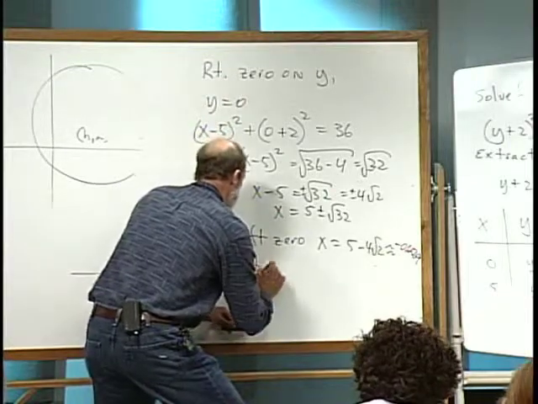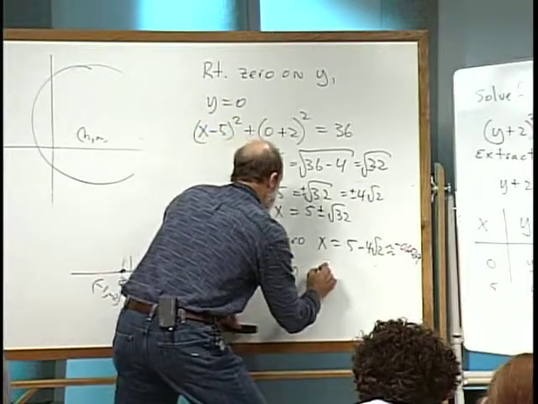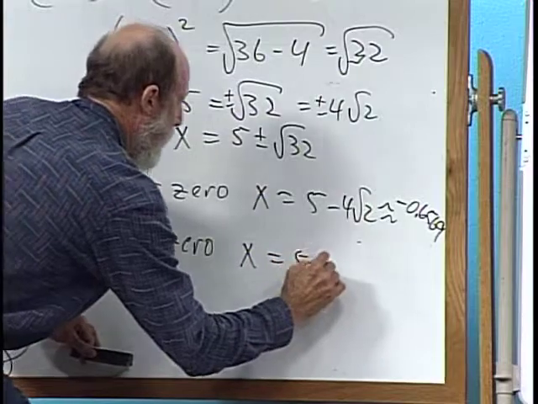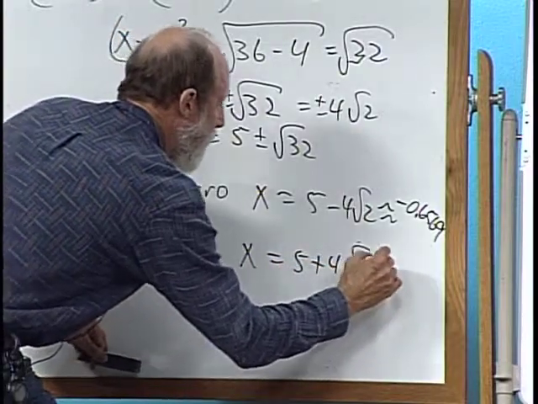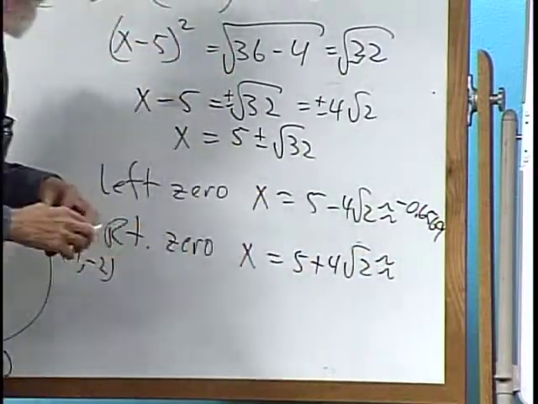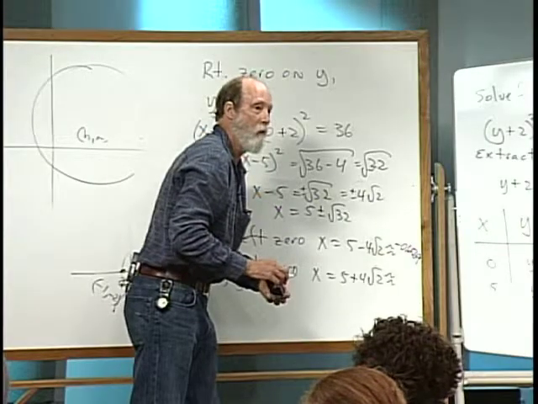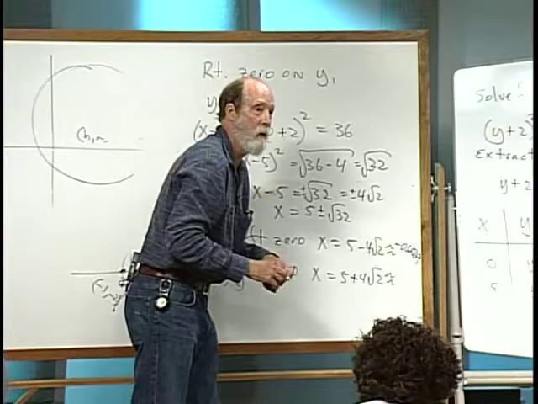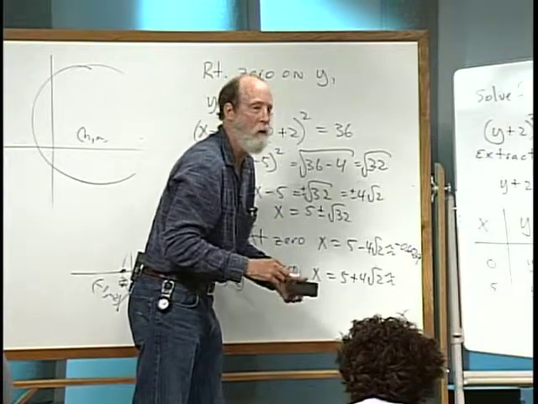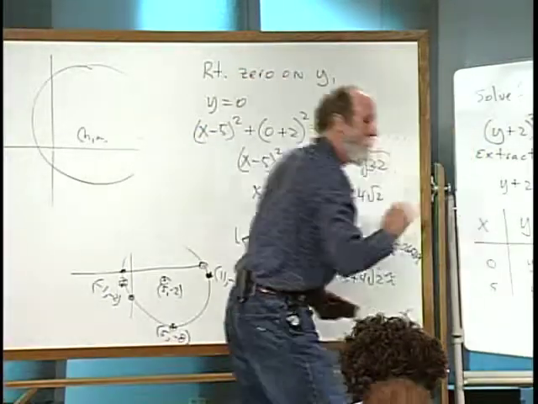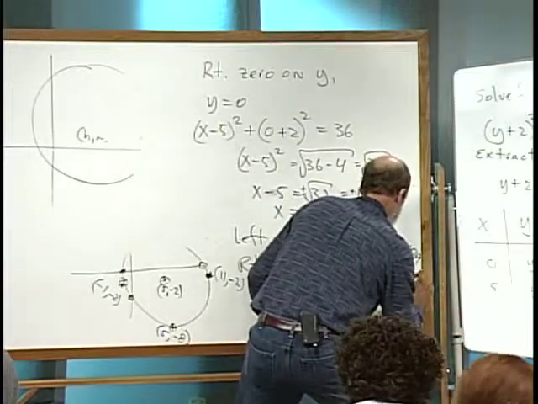And the right 0 is precisely 5 plus 4 square roots of 2. Somebody punched that on their calculator, 5 plus square root of 32. Should be a little bigger, between 10 and 11. Excuse me? 10.65 approximately. Okay.